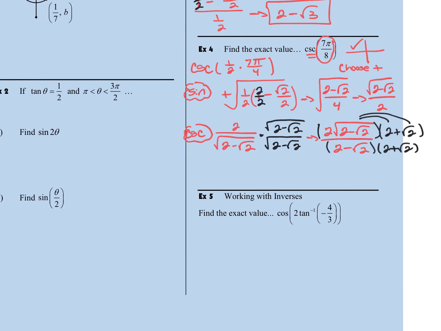So the new numerator becomes 4 and the square root of 2 minus radical 2 plus, now I'm going to have my 2 on the outside, and then I'm multiplying the 2 radicals.